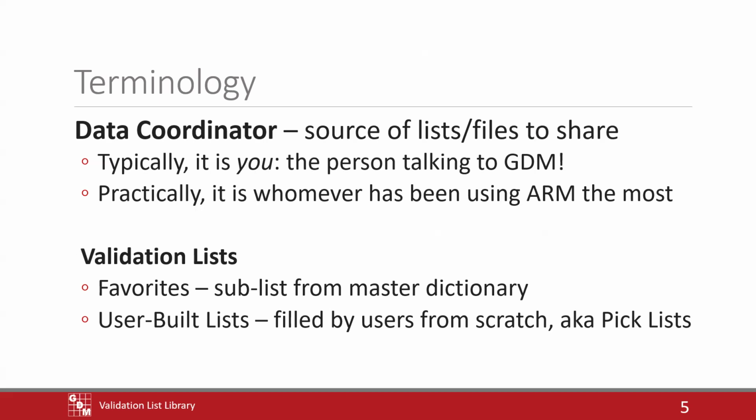And as far as in the world of validation lists, there are two different types in ARM I want to distinguish, because what we do with them in this discussion varies. You have your favorites list, and those are when there already is a master dictionary from ARM available. Most obvious example probably would be your crops and your pests.